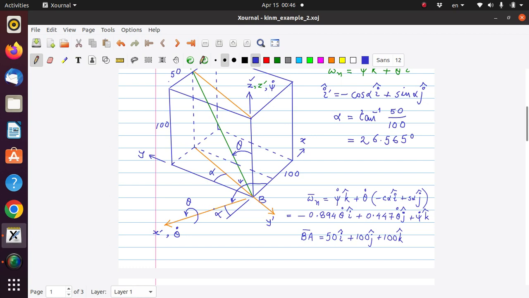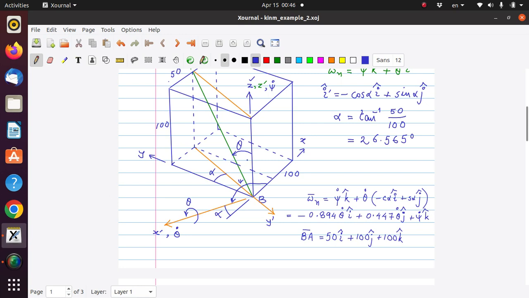Now we have to locate the nutation axis with respect to x, and for that we have to give a rotation psi. The precession psi is the precession angle about z. So x comes here. So this psi is the precession angle, and this theta is the nutation angle. And once we identify psi, psi dot will be perpendicular to this, and theta dot is along this.